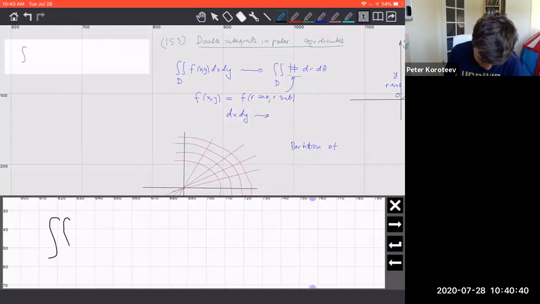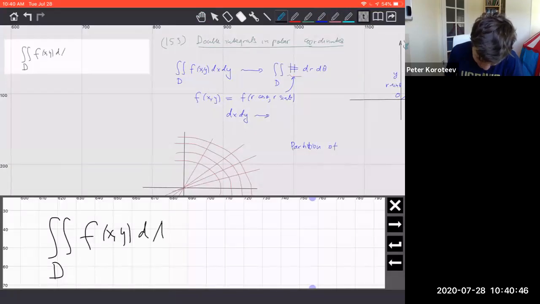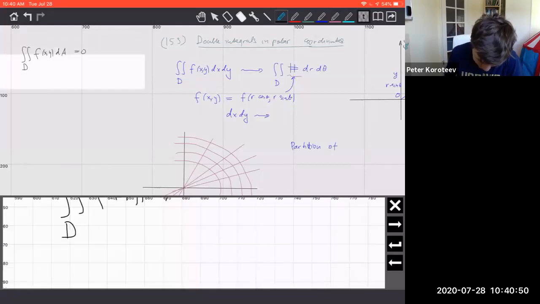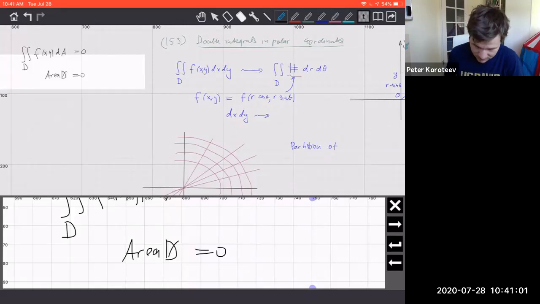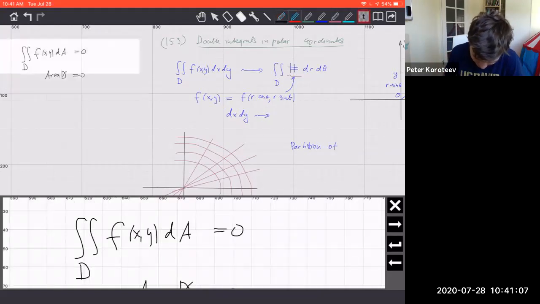If you have the integral of any function, that's why it's written dA, the answer is zero if the area of D is equal to zero. Yes, cylinder is closer. Let me first comment on this.